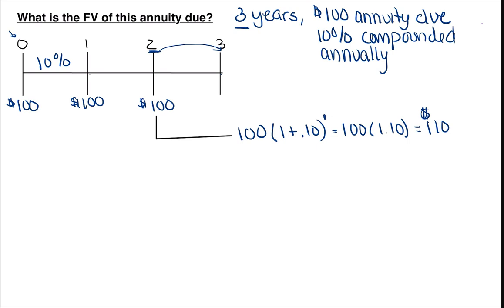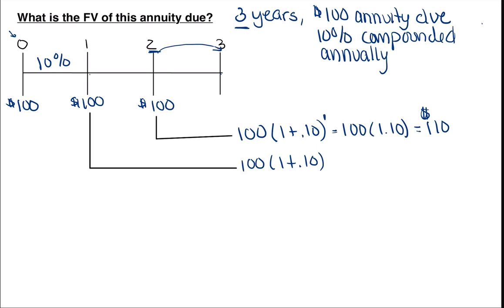Now we'll go in and do the same thing for this payment period. So the information is very similar. We have that $100, 1 plus the periodic rate, which is 10% since it's annual. And then our exponent is going to be how many compounding periods we're going to go forward.